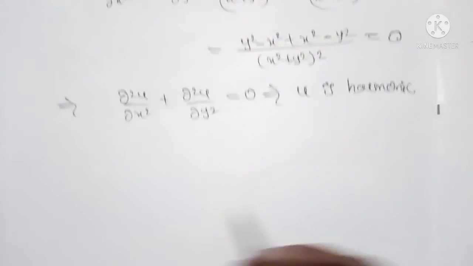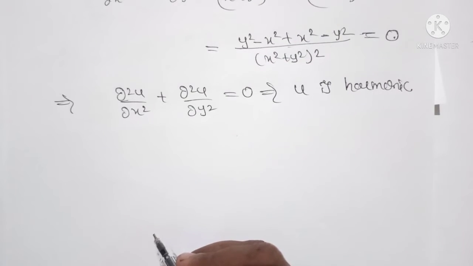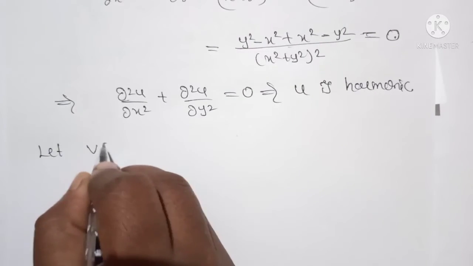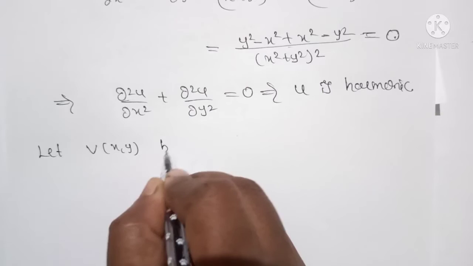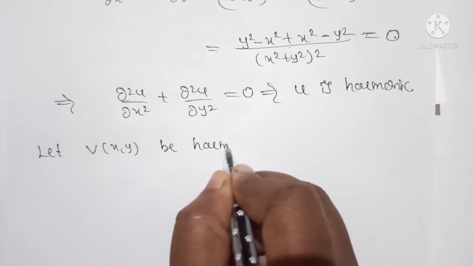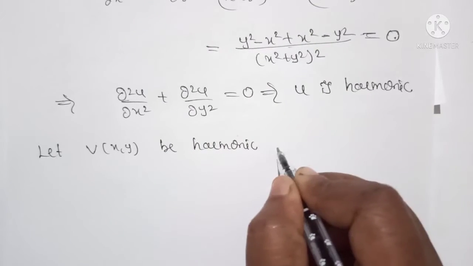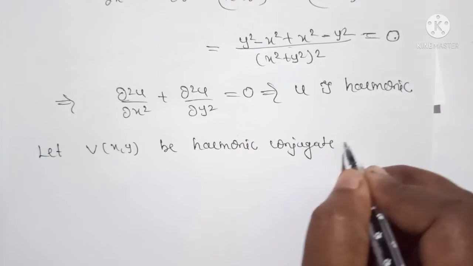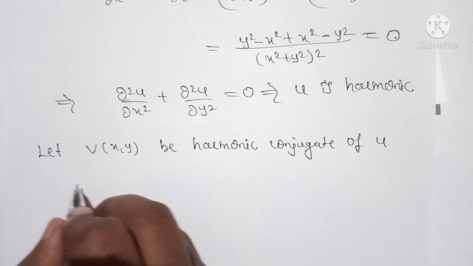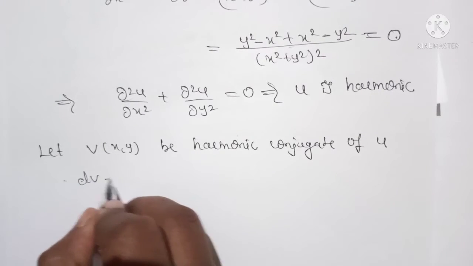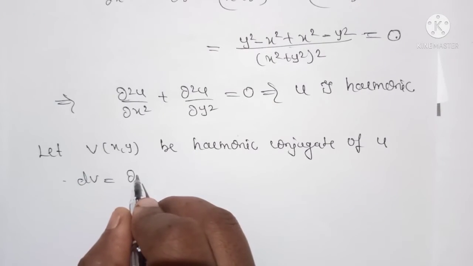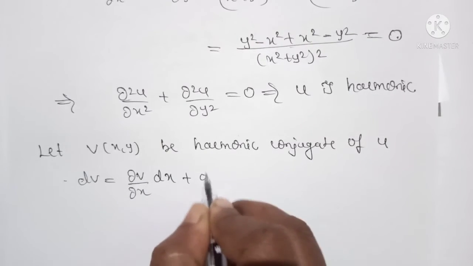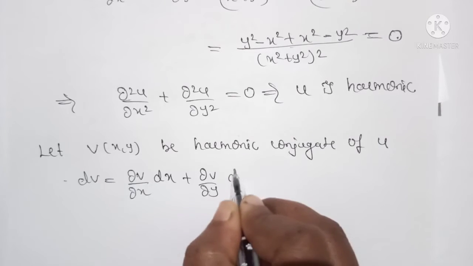Okay, now we have to find the harmonic conjugate of u. So let v of x comma y be the harmonic conjugate of u. Therefore dv equals dou v by dou x into dx plus dou v by dou y into dy.